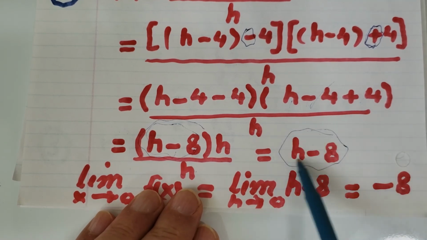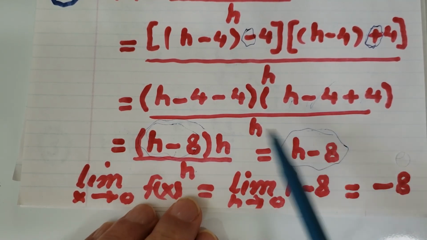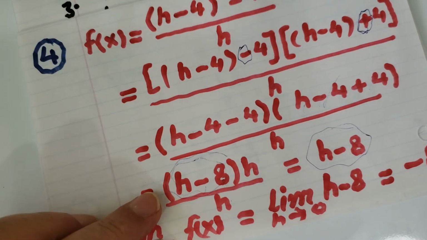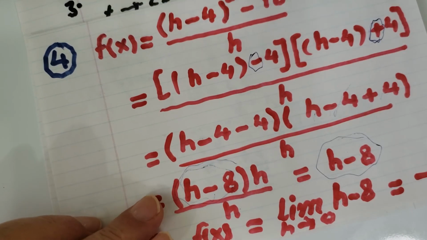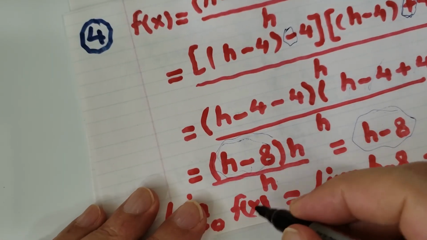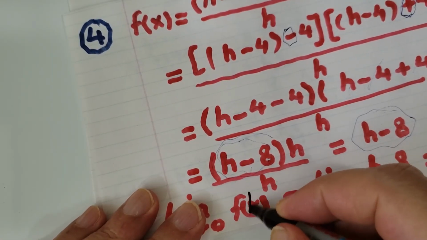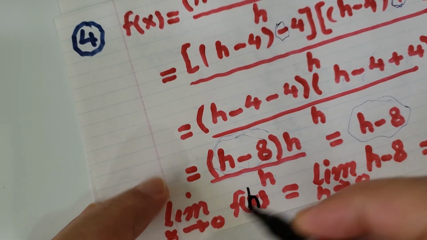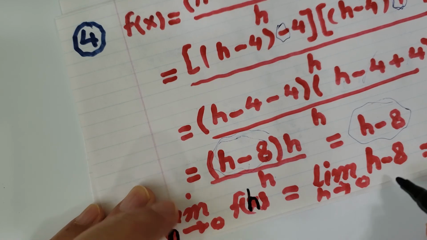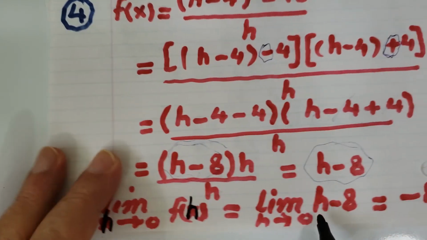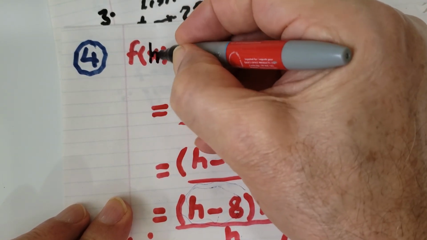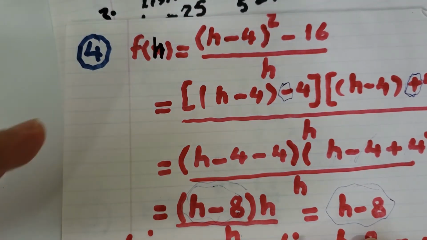Now we make the substitution for h to find the limit when h tends to 0. There is no x in this question.